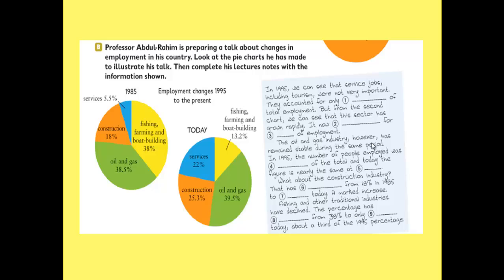Here we have to get some information from the pie chart, and we put the information in the spaces inside this text. Let's read the text. In 1995, we can see that service jobs, including tourism, were not very important.